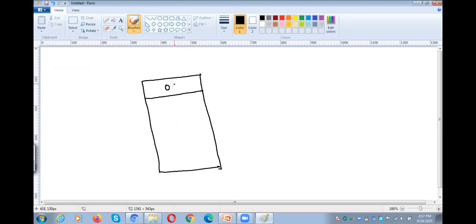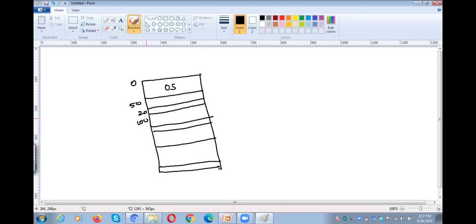So this is the operating system, and then there are the partitions. This is a 50 KB partition, and this is a 20 KB, and this is a 100 KB, again a 20 KB, and this is a 100 KB, and this is a 150 KB, and again this is a 10 KB.